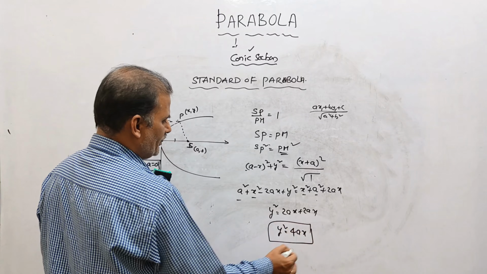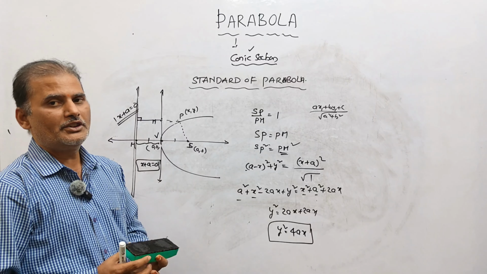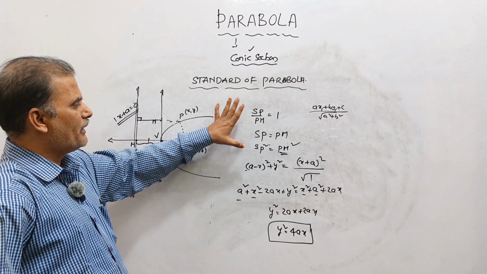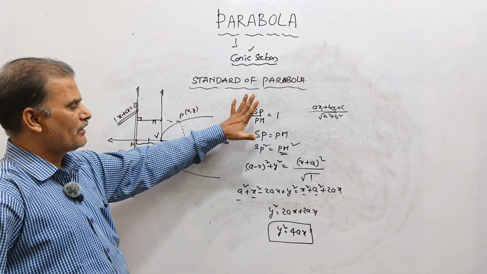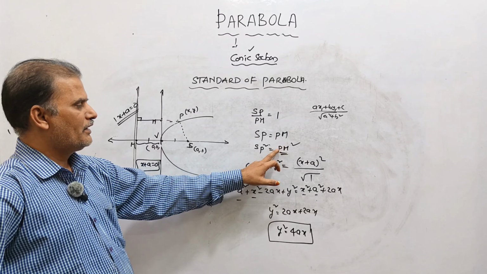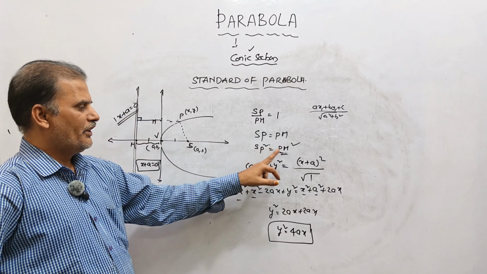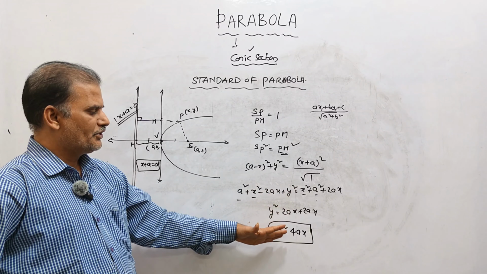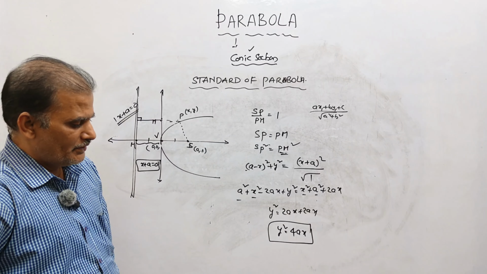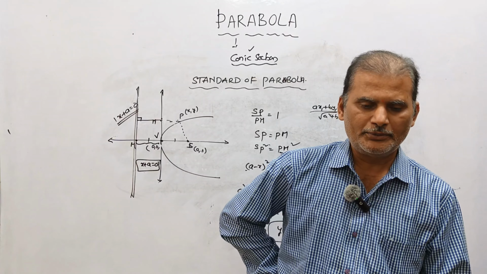This is the standard form of the parabola y square is equal to 4ax. Just apply SP by PM is equal to 1, SP is equal to PM. PM is a perpendicular distance from the point to the directrix. By squaring, just apply the distance formula, and you get the answer. Standard form of the parabola is y square is equal to 4ax.